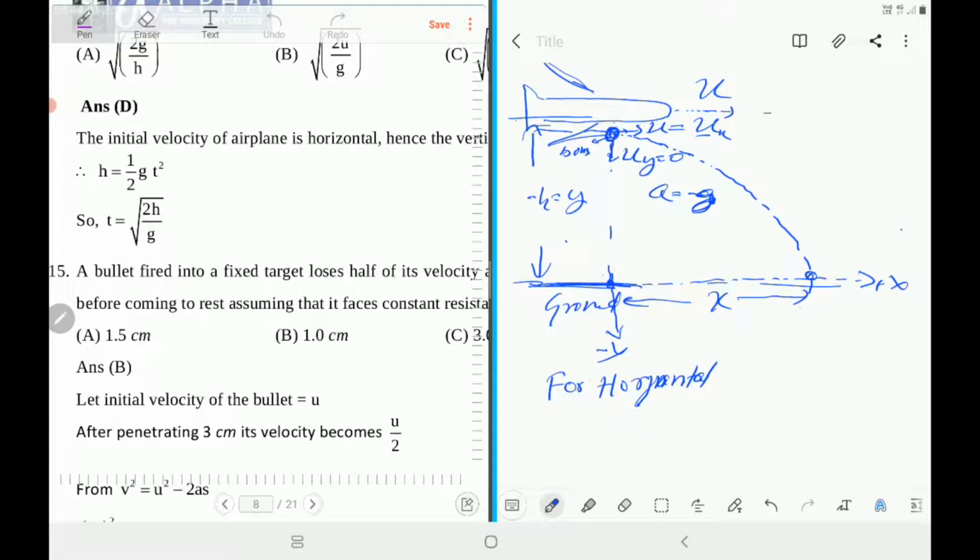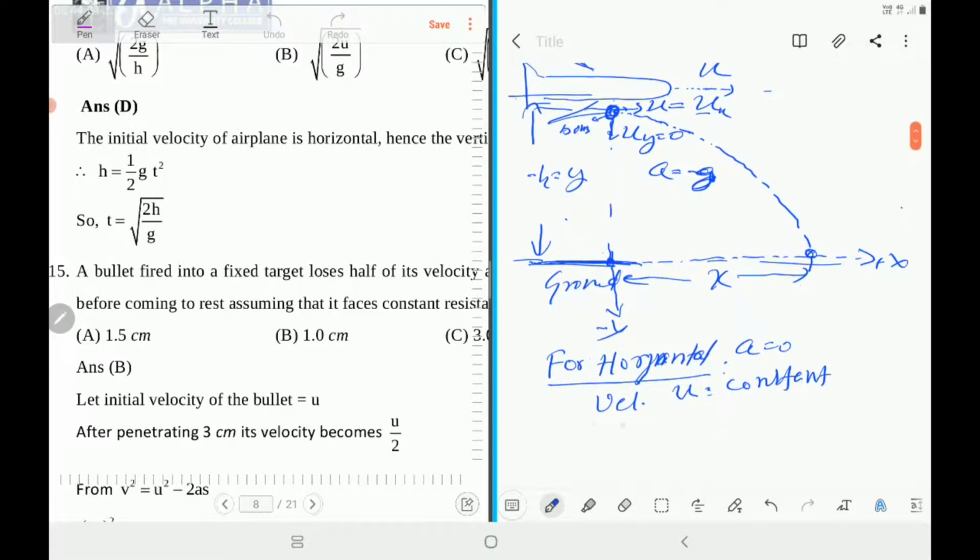For horizontal, acceleration a is 0, only velocity u, constant, no change in the value. That's it.